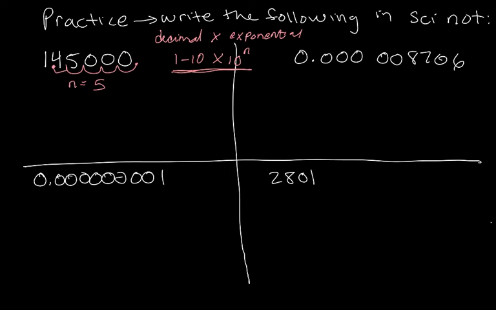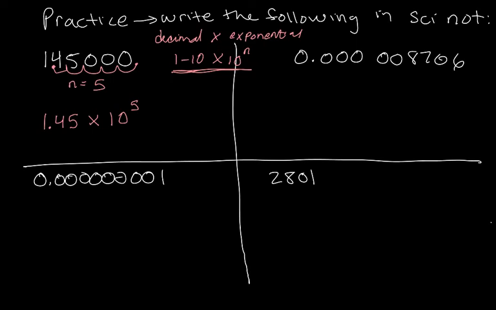We don't stop here because this is 14.5. It has to be a number between 1 and 10. So we rewrite it as 1.45 times 10, and of course we put the n value here, which is 5. And notice our value is positive 5 because we moved the decimal place to the left.